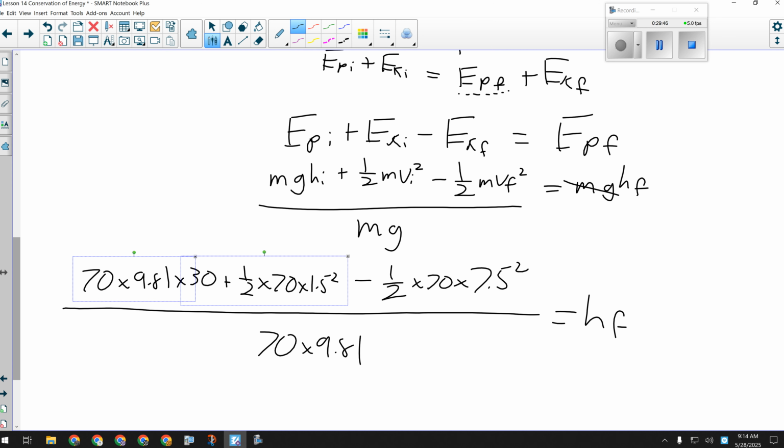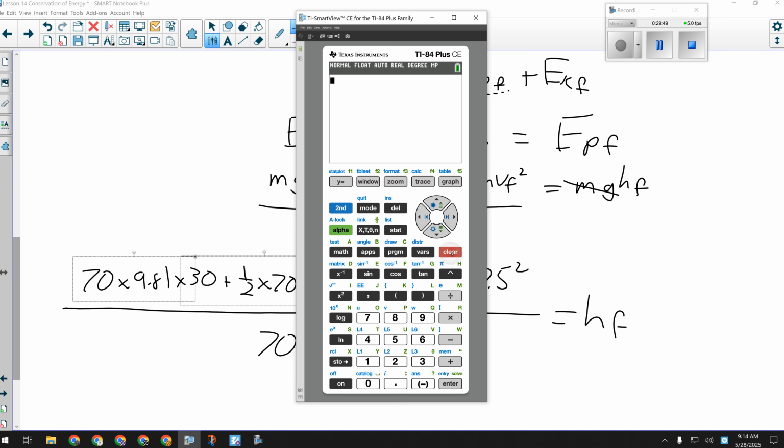So we've got 70 times 9.81 times 30 plus 0.5 times 70 times 1.5 squared minus 0.5 times 70 times 7.5 squared, divided by 70 times 9.81. That will need to be in brackets because you want to divide by the whole number, not by 70 and then multiply by 9.81.